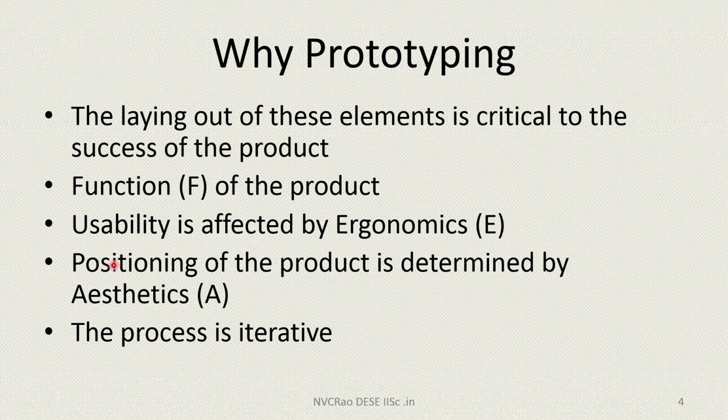Next we come to positioning of the product determined by the aesthetic considerations. At the core, most products are probably at one level about the same. You understood, no? At one level the basic technology is the same and all that. Here positioning refers to product positioning from the marketing point of view.